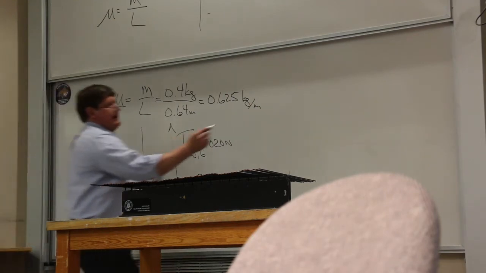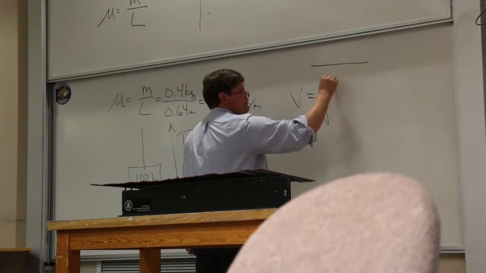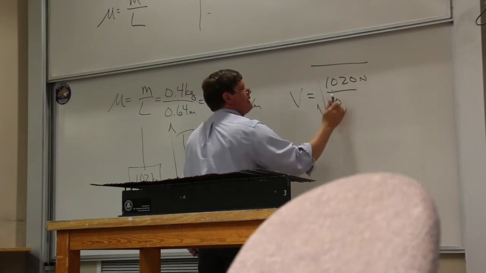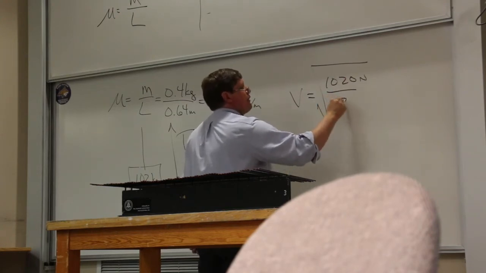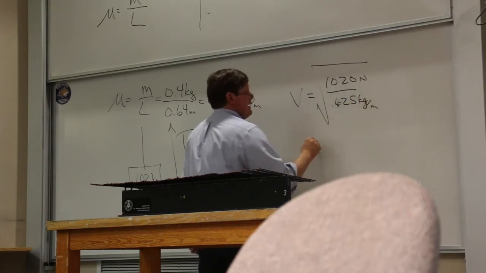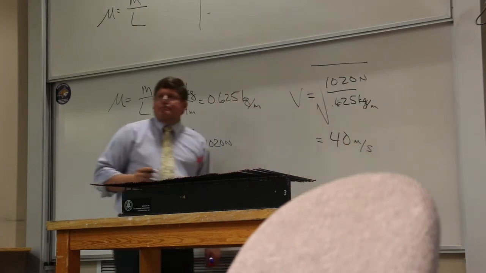Okay. Now, if I go in and solve for the velocity, that's going to be 1,020 newtons divided by 0.625 kilograms per meter, and that's going to give me 40 meters per second.